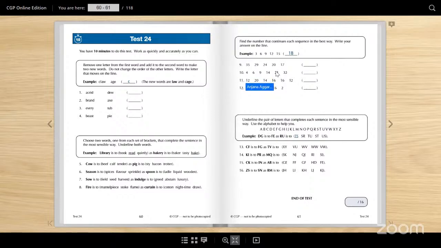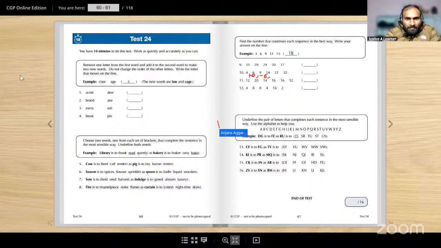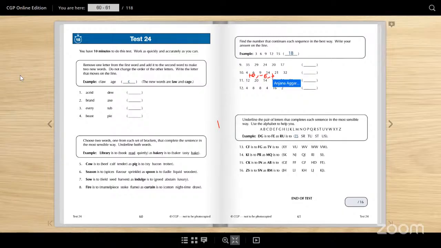Like +8. Yeah, +8. Take away 6. +2. 0. +4. Yeah.